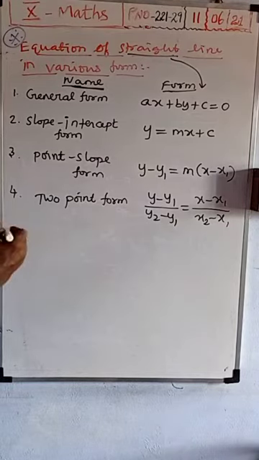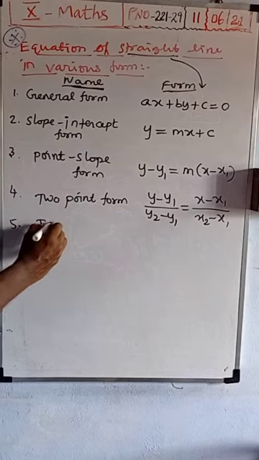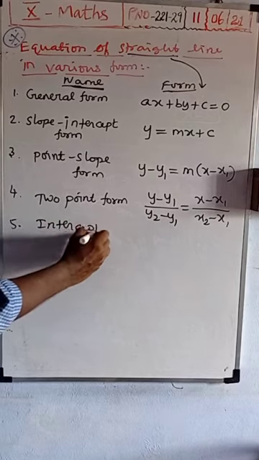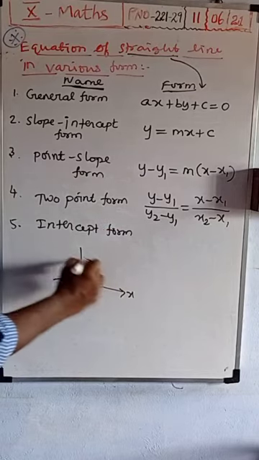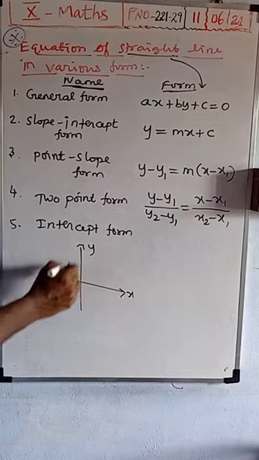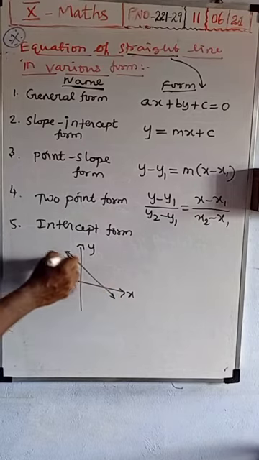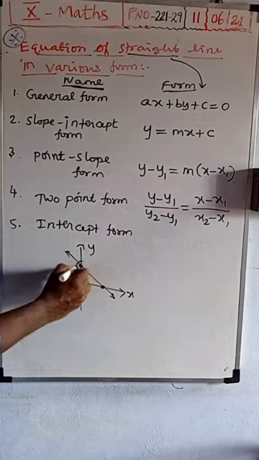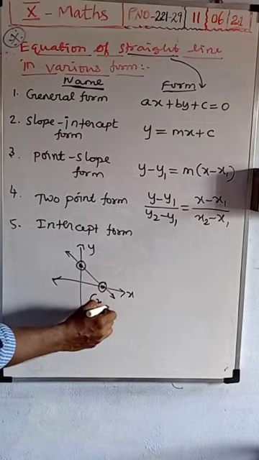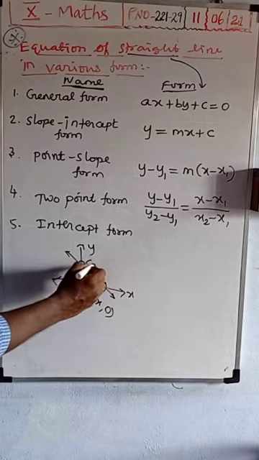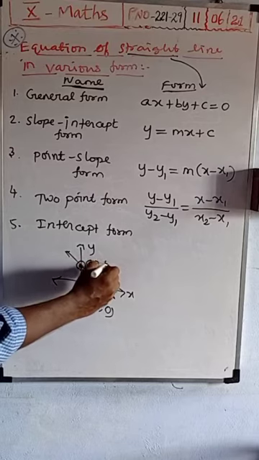Next, the fifth one, intercept form. Suppose this straight line intersects both the x-axis and the y-axis. At this point, the x point will be there and the y point is 0. Here the x point is 0 and the y point will be there.